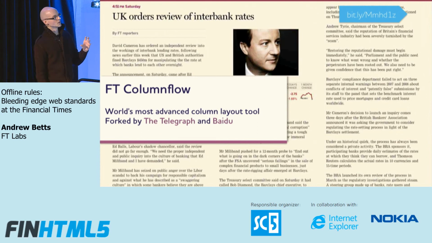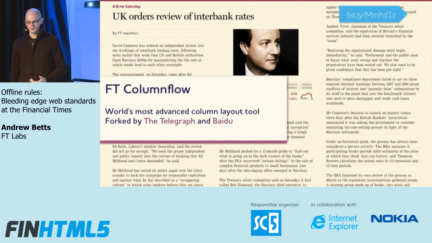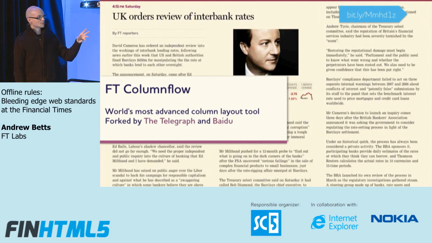It's pretty advanced in that it allows you to have things that span columns, inserts that go at fixed locations. It deals with things like orphans and follow-on titles and all kinds of print typography things that are important to people who print newspapers. And it's been forked by The Telegraph and Baidu, so there's quite a lot of interest behind this.